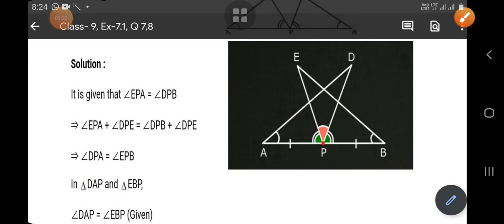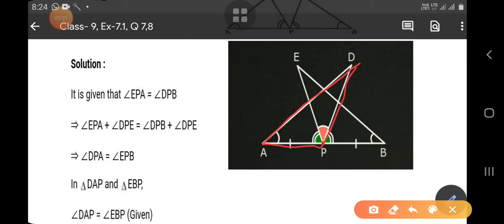Remember it. Now in triangle DAP and triangle EBP, we have to compare their parts. Since angle DAP is equal to angle EBP, it is already given, so this angle and this angle will be equal.